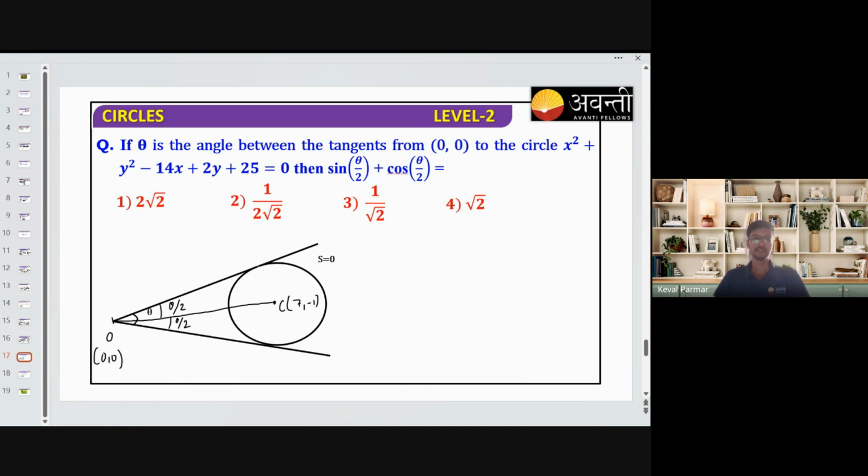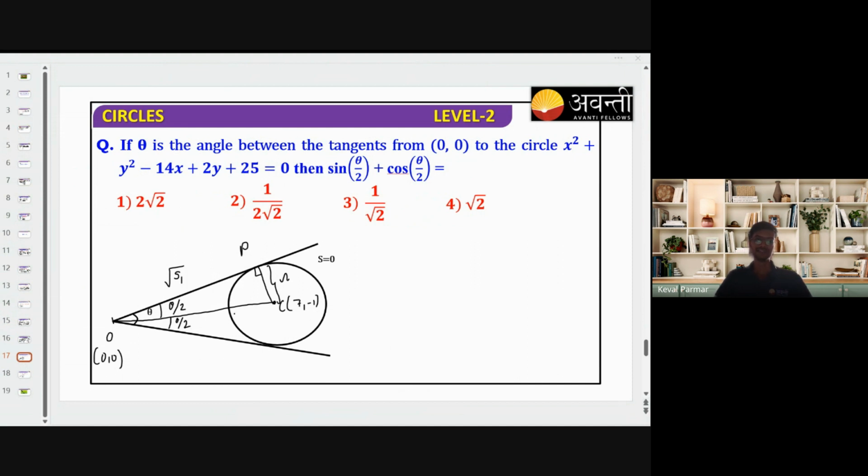Next, we join C with one of the points of tangency. Let this be point P. This is perpendicular and this is the radius. OP is the length of tangent. What is the length of tangent? Root S1.